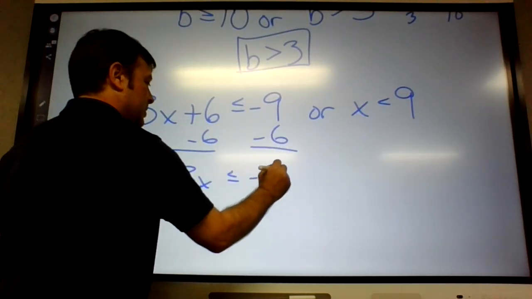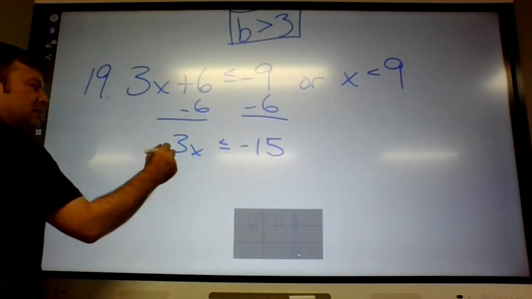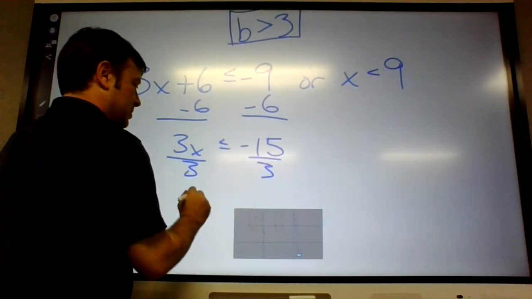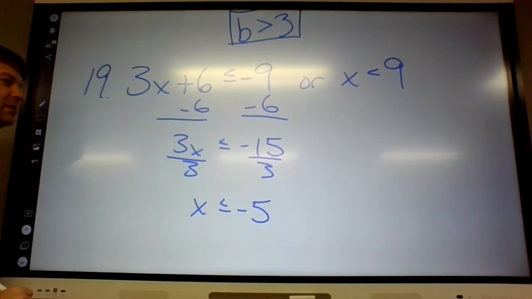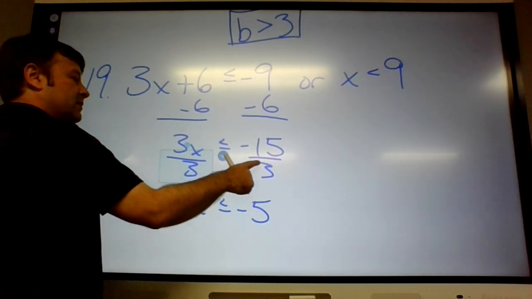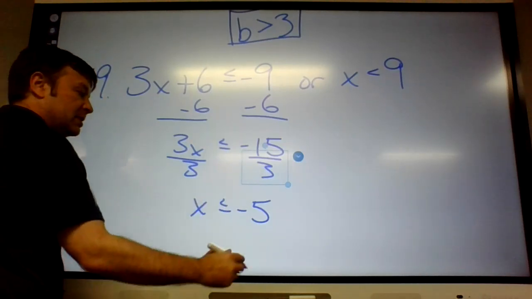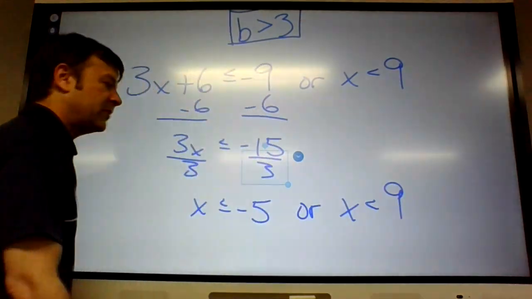Okay, that would be -15. Now what should I do? Divide by 3, and x is less than or equal to -5. Not switching the inequality because I'm not dividing by a negative. I'm dividing by positive 3.